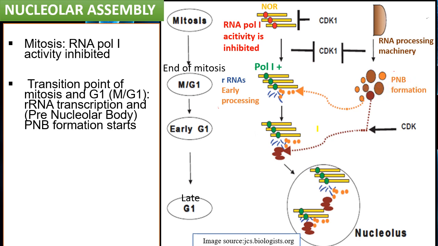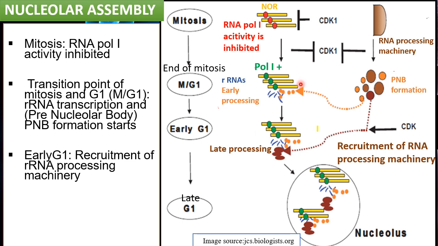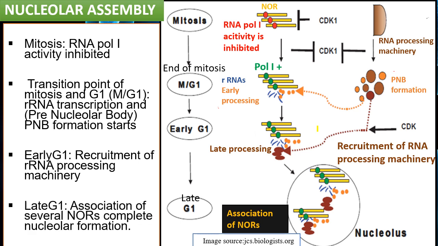But the late processing machinery is recruited towards the NOR during early G1, and it is represented with the help of these dotted brown arrows. And finally, during late G1, all the NORs associate with each other so that they can form a common mature nucleolus.